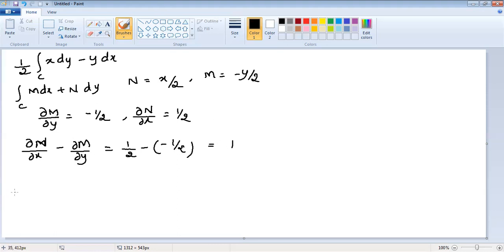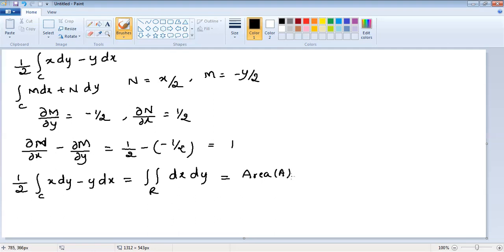So now equation 1 becomes, what is your equation 1? That is 1 by 2 integral x dy minus y dx over c is equal to double integral over r dx dy, which is equal to the area.